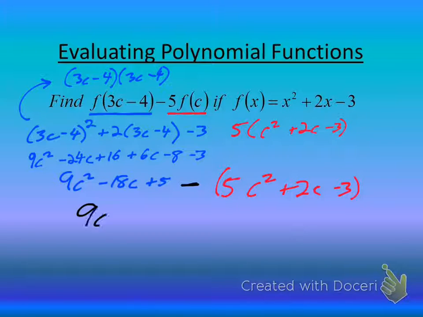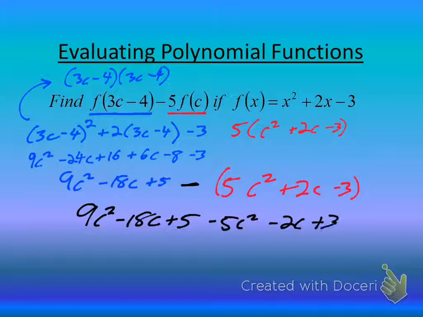So you got 9c squared minus 18c plus 5 minus 5c squared minus 2c plus 3. Go get your like terms. C squares give you 4. C's give you -20. And constants give you 8.